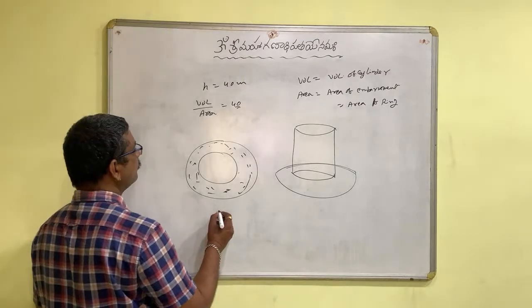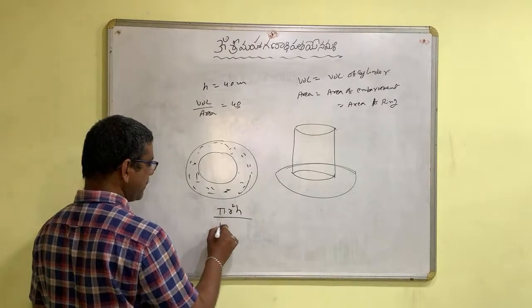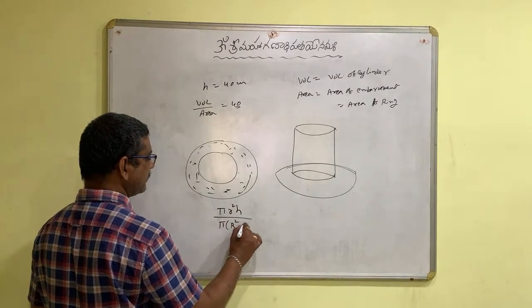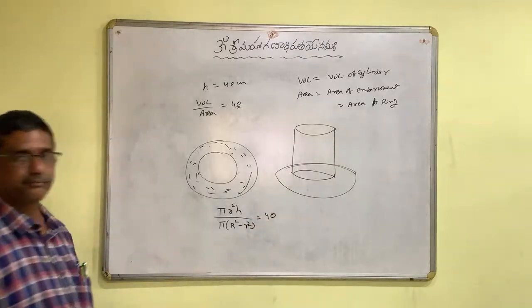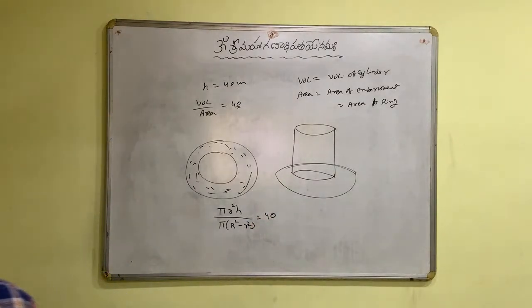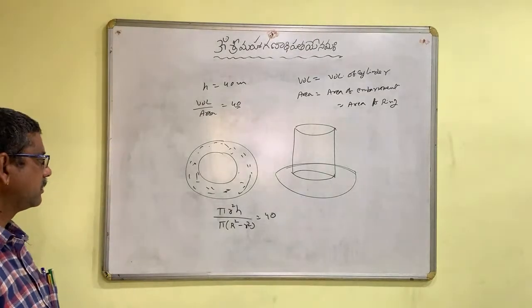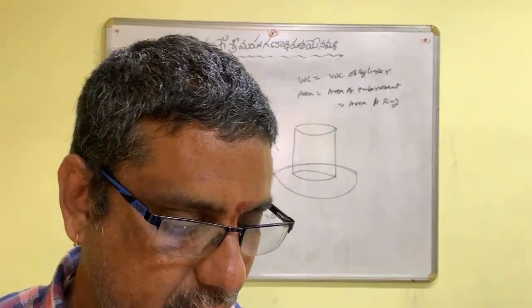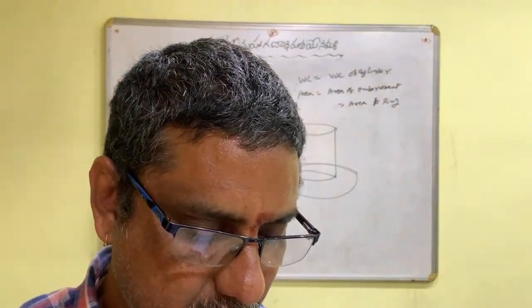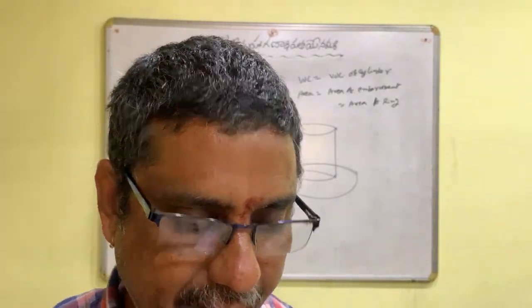So volume of cylinder pi r square h by pi times capital R square minus small r square is equal to 40. Okay children, now see here, the diameter of well is given 4 meters and the radius 2, height 14.